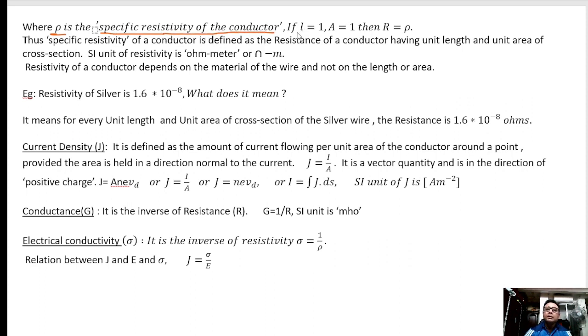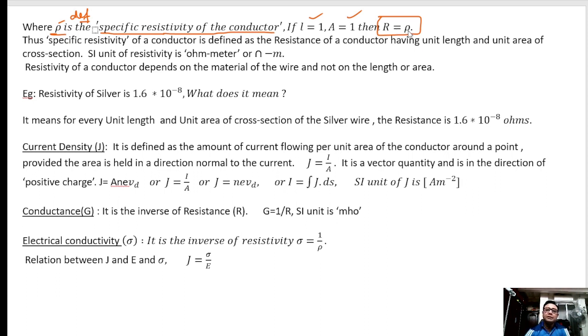Now suppose I want to find the definition of the specific resistivity. In that formula, if I put L as 1 and A as 1, then R comes out as rho. So what can I write?